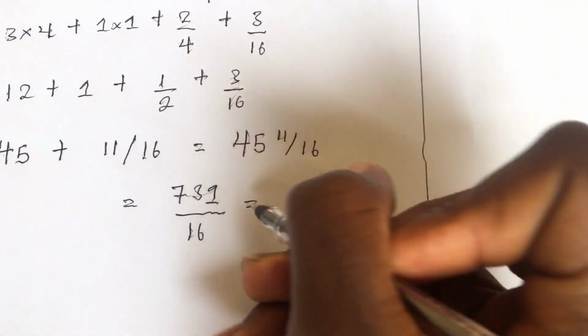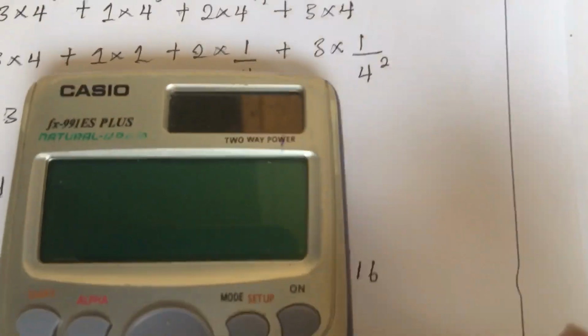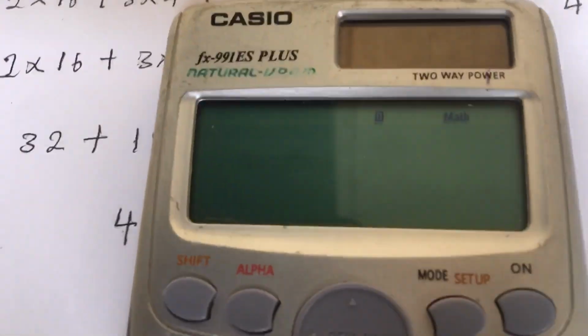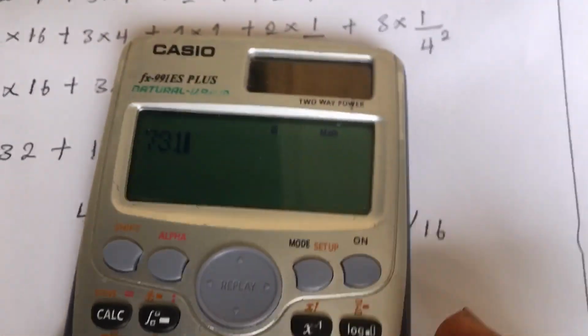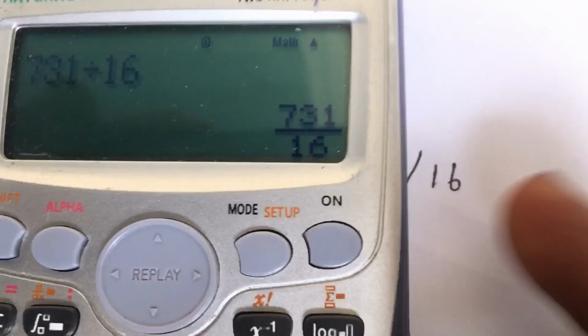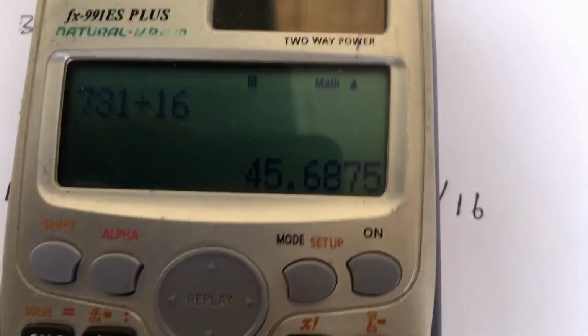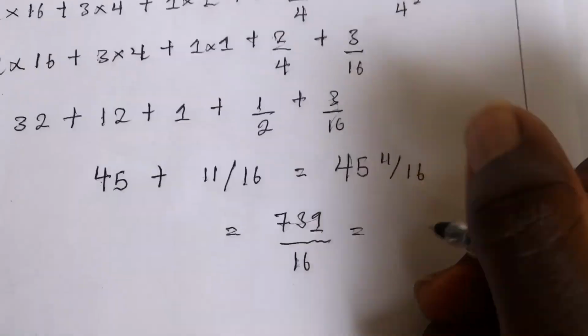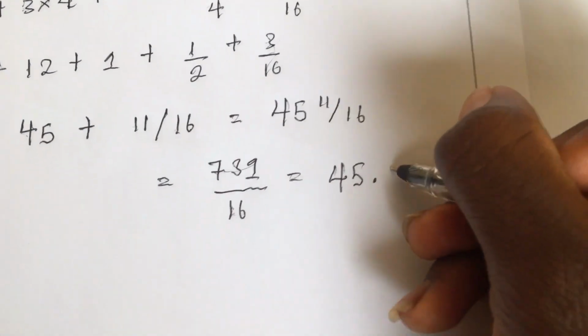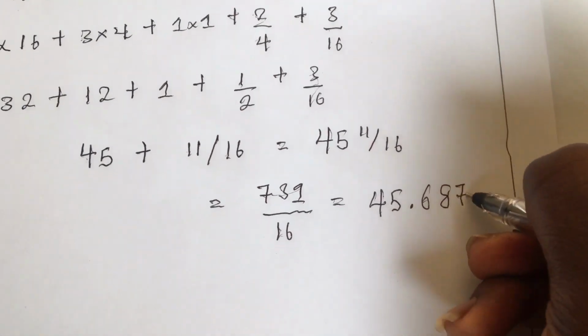So using our calculator, 731 divided by 16 is going to give 45.6875.